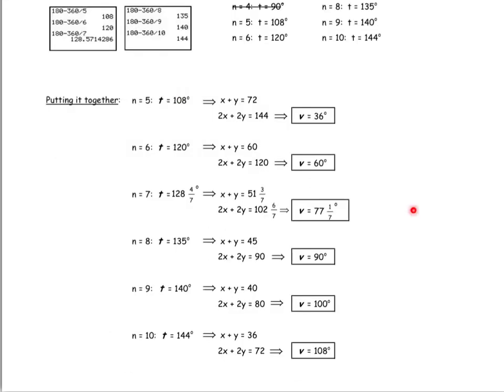Or, jumping back to page 1, you may prefer to discover each n on its own, find out what T is, find out what V is. Even though it's a little bit repetitious, it is very comfortable. And so you have to decide in a problem like this how you want to handle it.